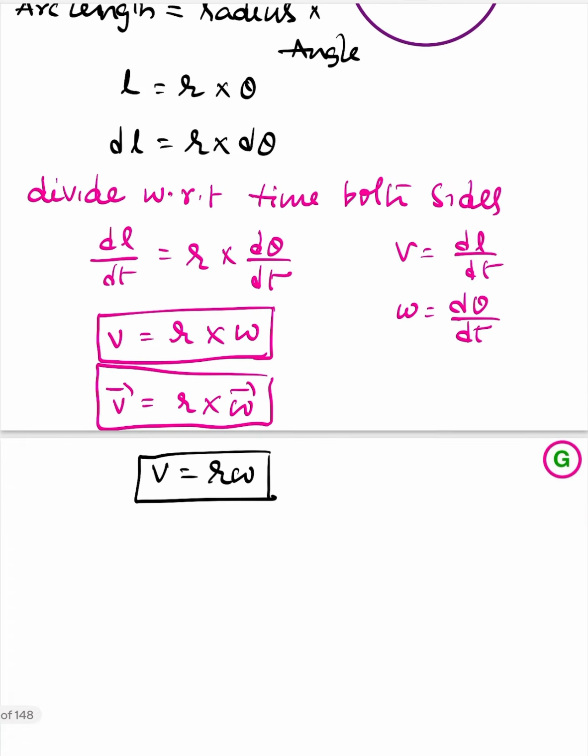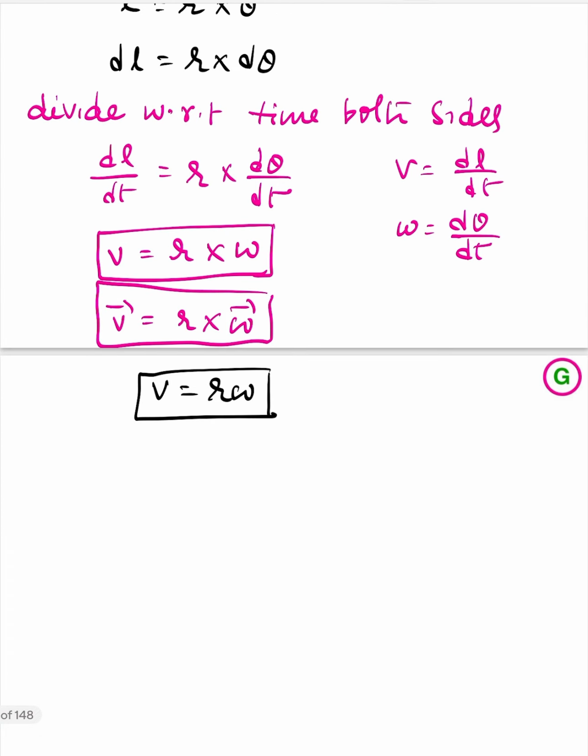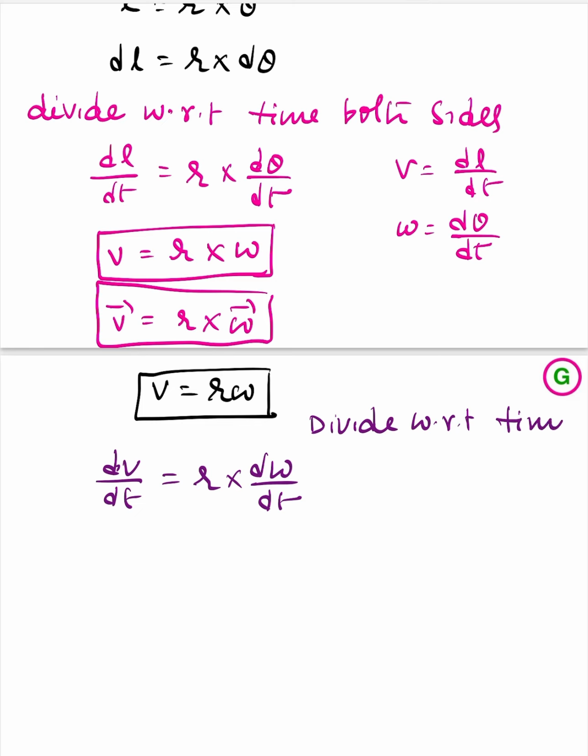Again, you can differentiate the above equation with respect to time. So let dv by dt equal R into d omega by dt. Divide with respect to time on both sides.